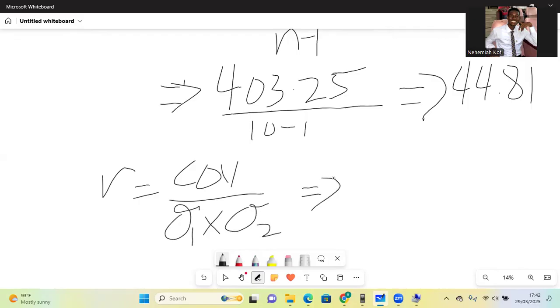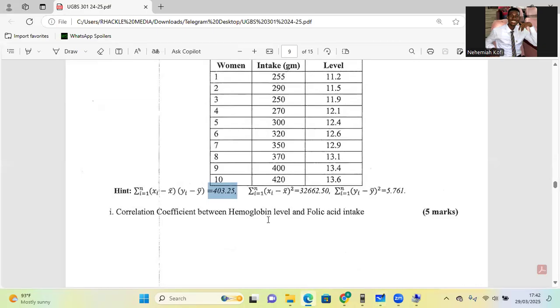So the covariance is 44.81 all over the standard deviation for the first one. This is the variance. They only computed the variance here, so you have to make sure you change it to standard deviation. And this is also the variance here, right?